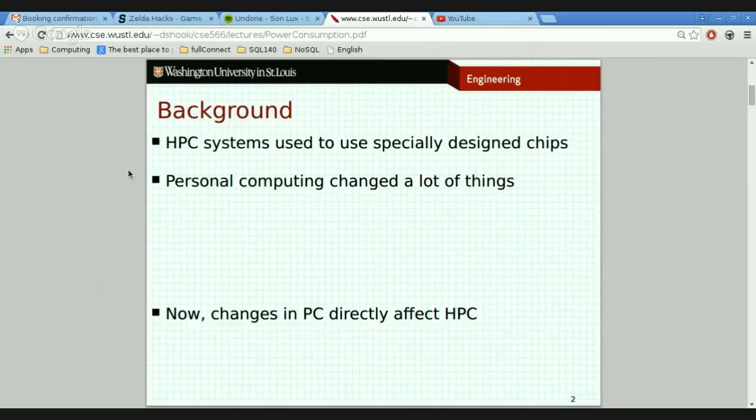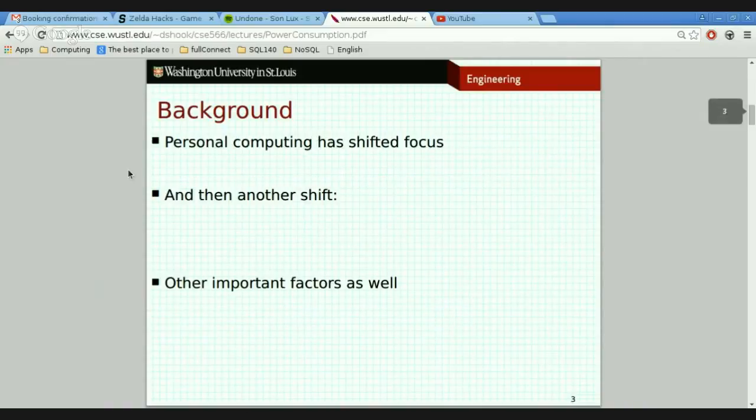So all of that is useful to keep in your mind as we go through our discussion today on power consumption. If we think about the trajectory of personal computing within the last 10 to 20 years, through the mid-90s, early 2000s, the focus of the chips for personal computers was all about clock speed.